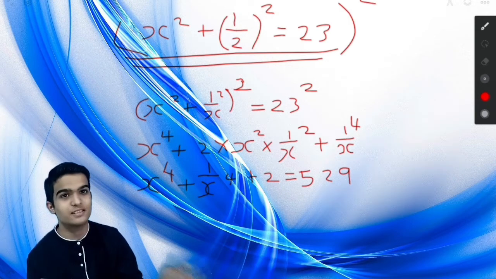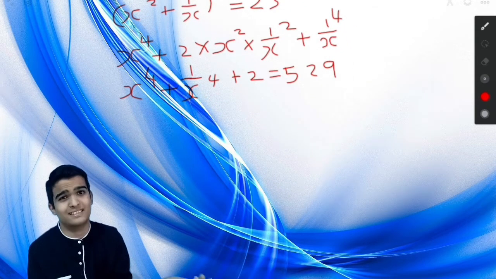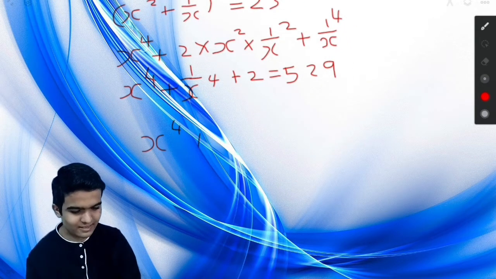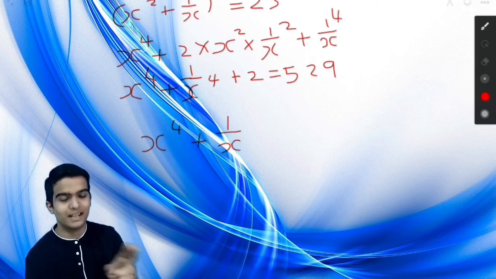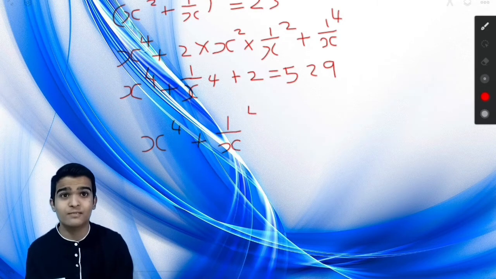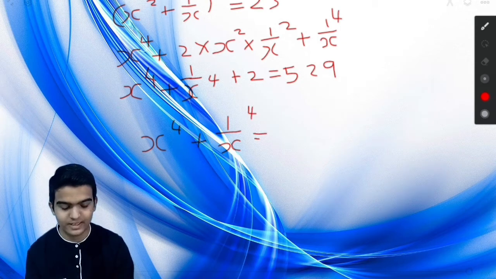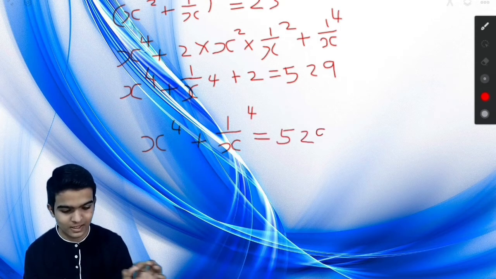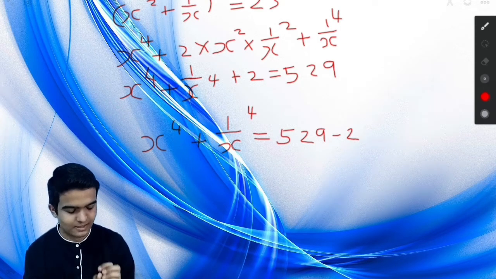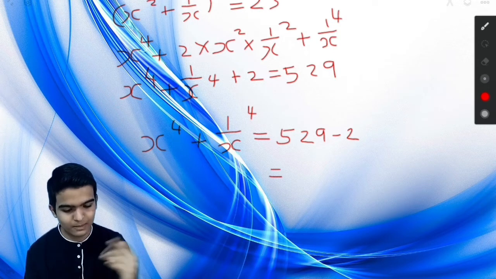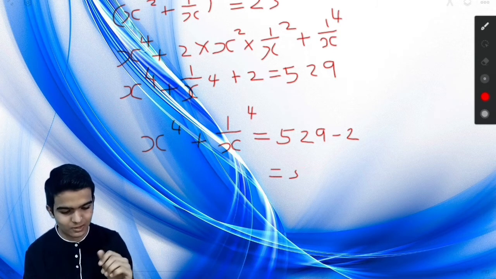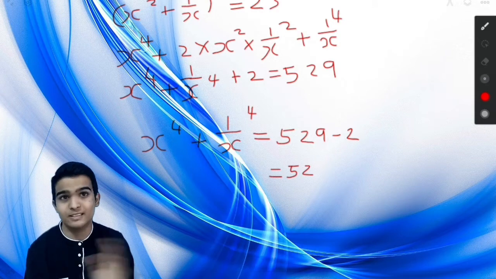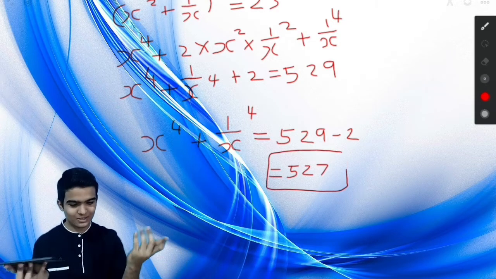After this, you can just do the steps as before. You can just subtract the 2 from 529, which is actually 527. So x to the power of 4 plus 1 upon x to the power of 4 is equal to 527. That's how we solve this question.